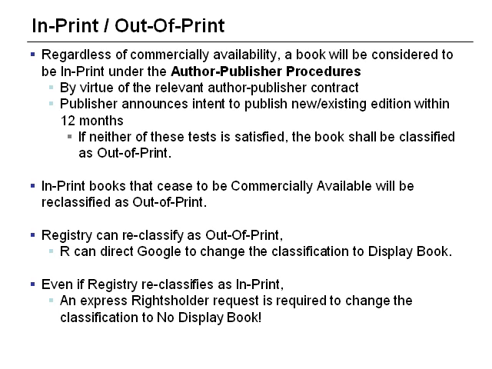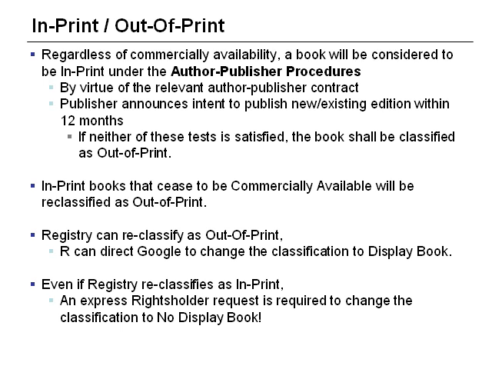Regardless of commercial availability, a book will be considered to be in print under the author-publisher procedures as determined by the terms of the relevant author-publisher contract, or if the publisher announces its intention to publish a new or existing edition within the next 12 months. If neither of these tests is satisfied, a book is classified as out of print. In-print books that cease to be commercially available will be reclassified as out of print.